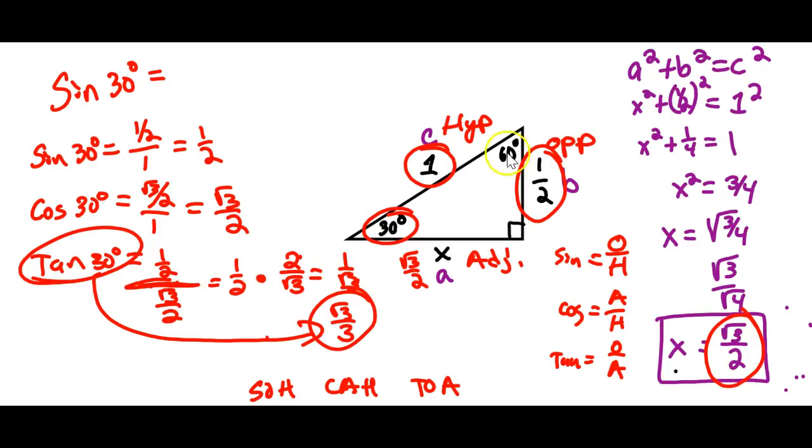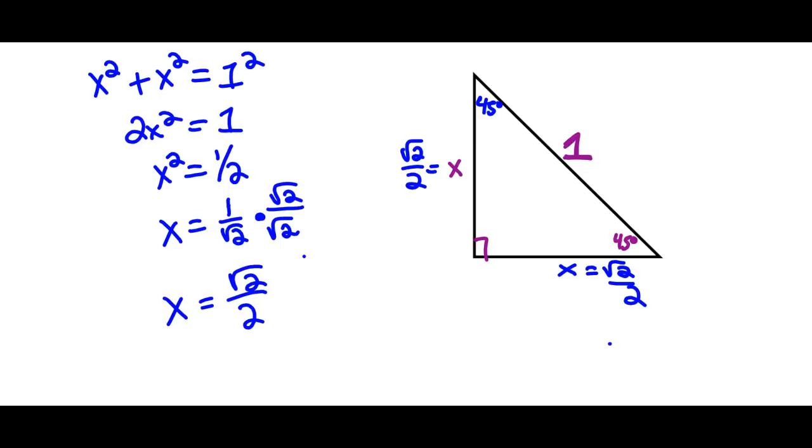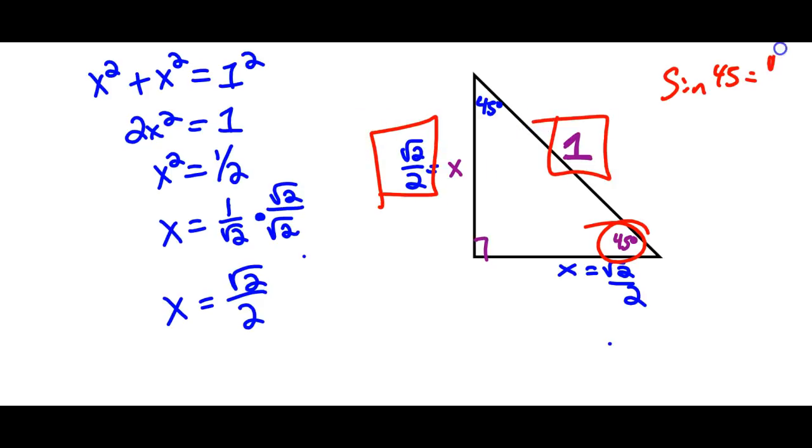We could do it with a 60-degree angle up here: sine, cosine, and tangent of those values. You can do it with a 45-degree angle over here. If we say the sine of 45 degrees is equal to the opposite, if we circle that 45 right here, the opposite over the hypotenuse, I get the square root of 2 over 2 divided by 1, which equals square root of 2 over 2.